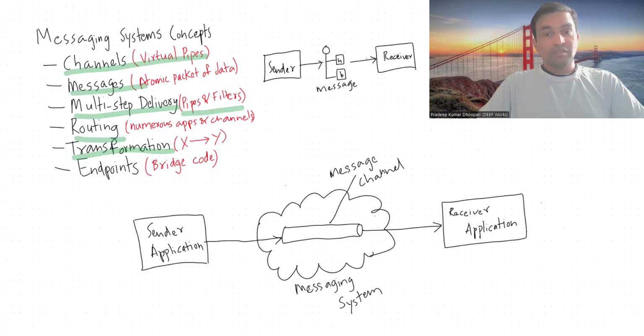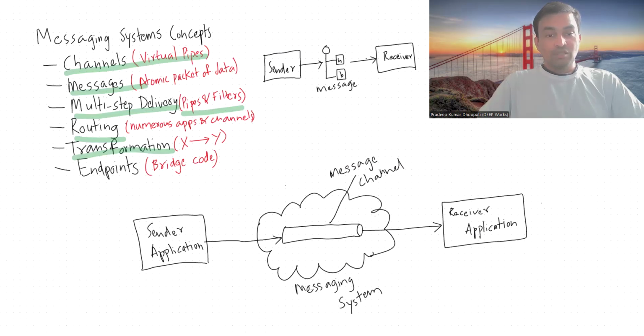For example, one sender has multiple receivers. One receiver expects it in Y format, some receiver expects Z format, and some receiver expects W format. Then the sender cannot transform each and every message for different receivers and send it over. Instead, there will be intermediate components which take care of transformation, and this way the sender can focus only on sending the data in X format, and the translators can take care of whatever transformation is required in between the sender and the receiver.